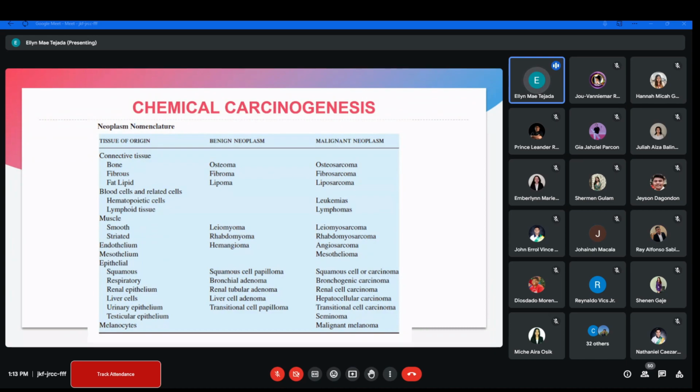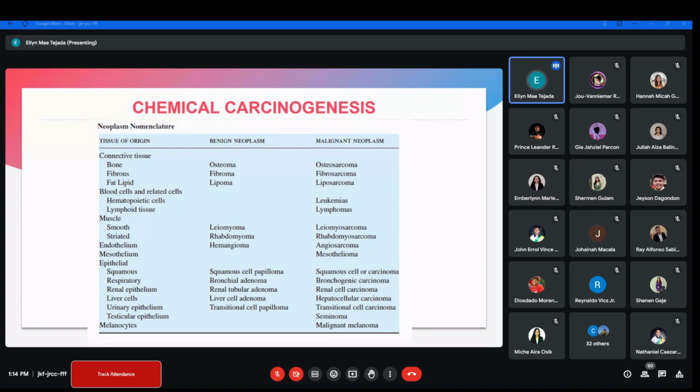Once you have the result for benign, it has a different outcome from the malignant. As mentioned earlier by Ray, usually in layman's terms, if you hear the word benign, it's the non-cancerous type, and on the other hand, the malignant is a cancerous one. I want you to take note of this so that you will be familiar with the rest of the tissue of origin and the terms of the results coming from the benign and coming from the malignant.